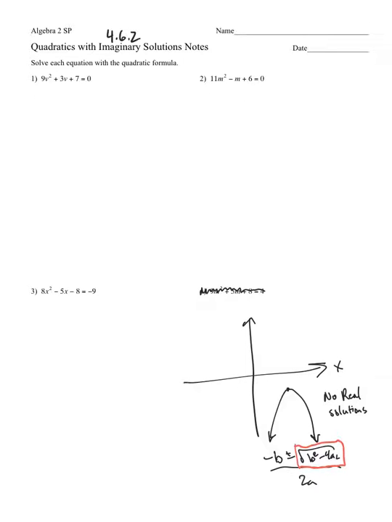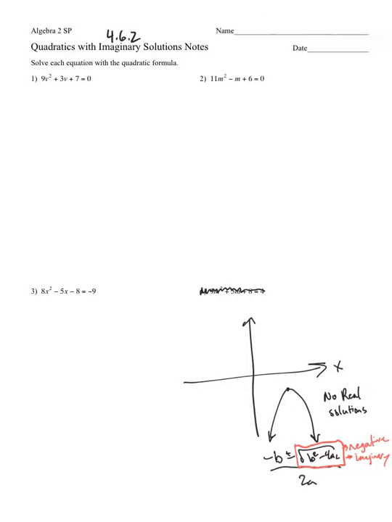If the discriminant ended up being negative, what do we know you can't do? You can't take the square root of a negative number. What we learned here in Chapter 4 is the square root of a negative number could be imaginary. You can use i, which is imaginary.